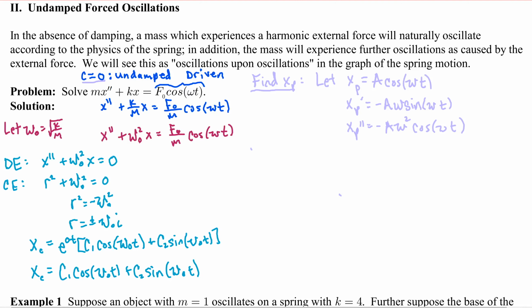Let's take this information and substitute it into our differential equation. Starting with x double prime, we have negative A times omega squared cosine of omega t. Next, we have plus omega naught squared times x. That's A cosine of omega t equals F naught over m cosine of omega t.